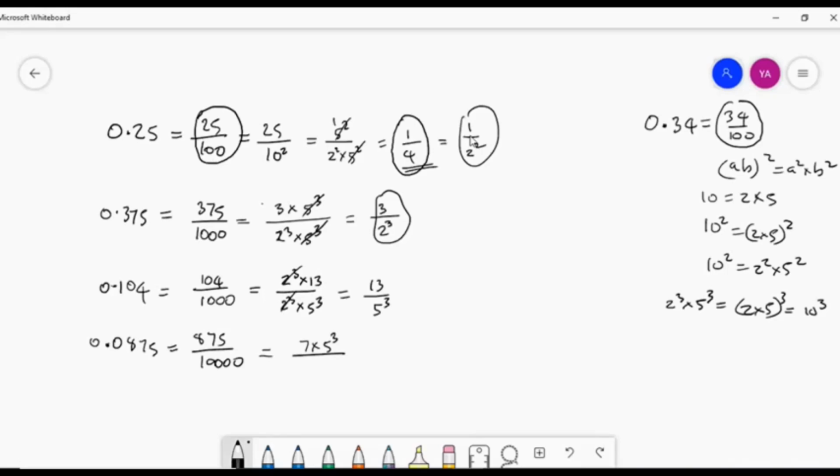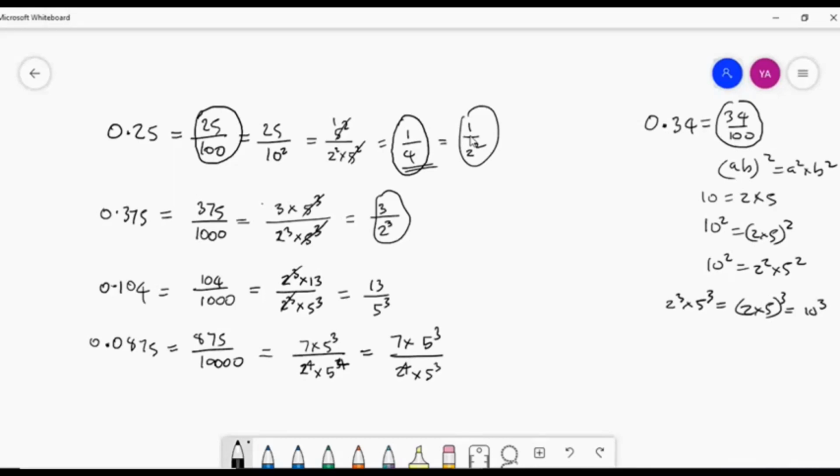How can we write 10,000? 2 raised to 4 into 5 raised to 4. Here 5 cube is common, so it is better to split the denominator like this: 5 cube divided by 2 raised to 4 into 5 raised to 4.